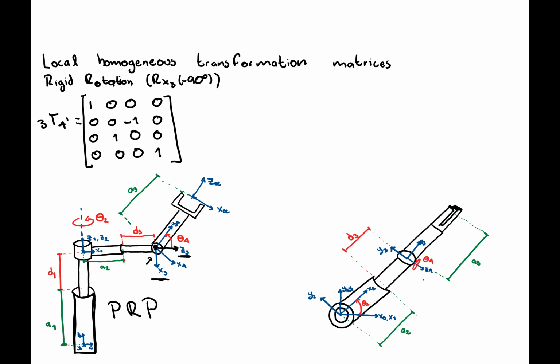So if you look at the top view, Z4 is pointing in this direction. So this is pointing outside of the slide. So Z needs to be rotated around the x-axis here to basically align Z3 with Z4, which is pointing outside of the slide.